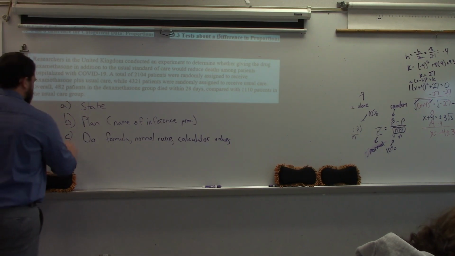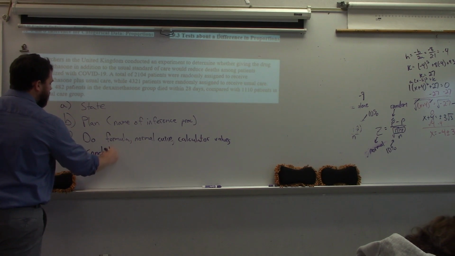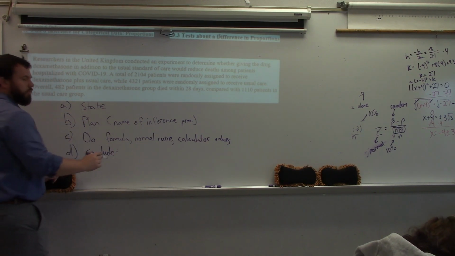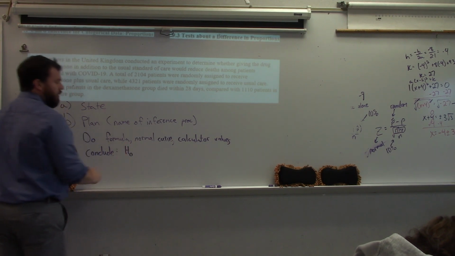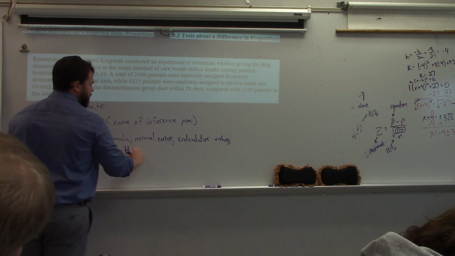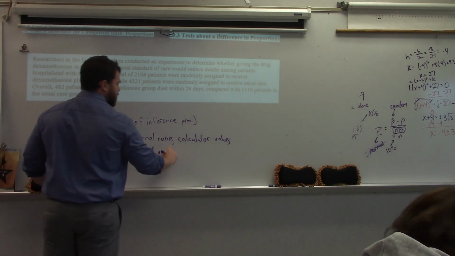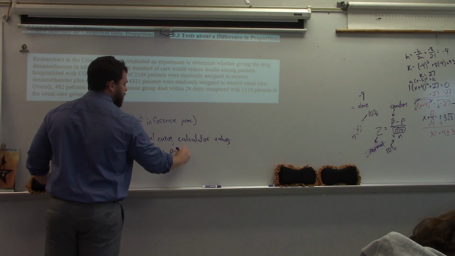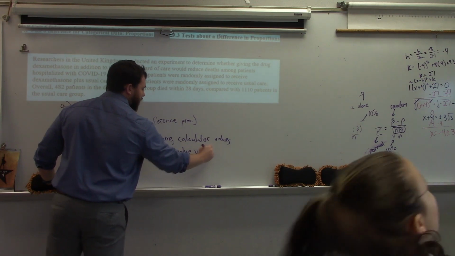And then D, what's that D section? What are the 4 things you have to include in your conclusion? You have to say that you reject or fail to reject. So you need a statement about the null hypothesis based on what? That comes from the p-value versus alpha, right?